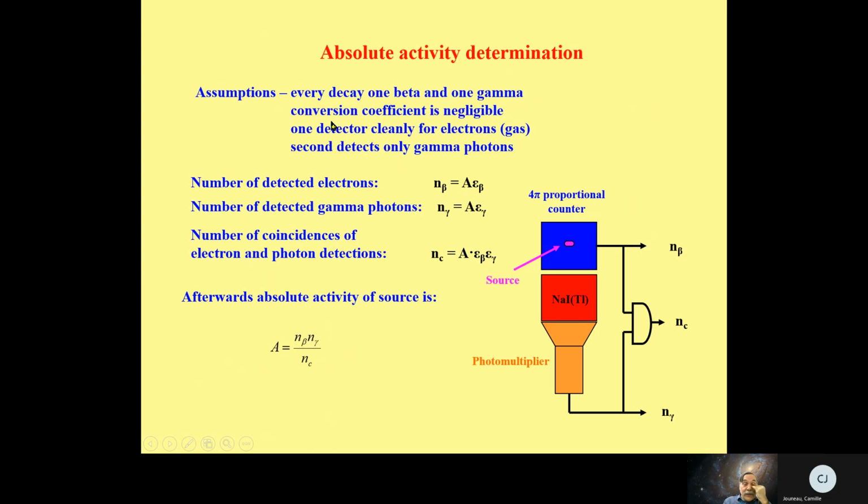And it's necessary to have one detector which detects only electrons. For example, in this case, it's possible to have a gas detector. The second detector should be only a detector of gamma. This is possible to do also in this way, that you have some absorption foil which absorbs the electrons but not the gamma.